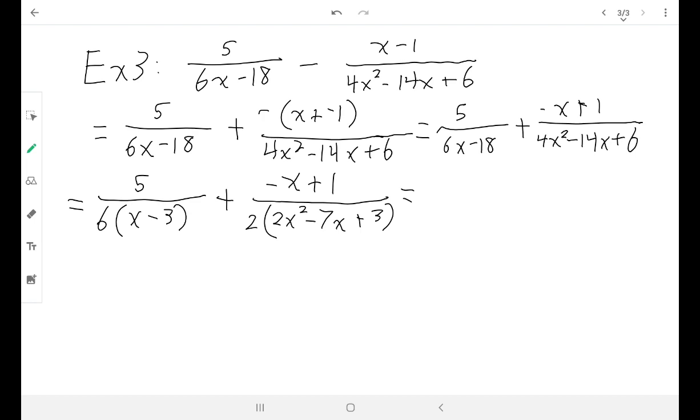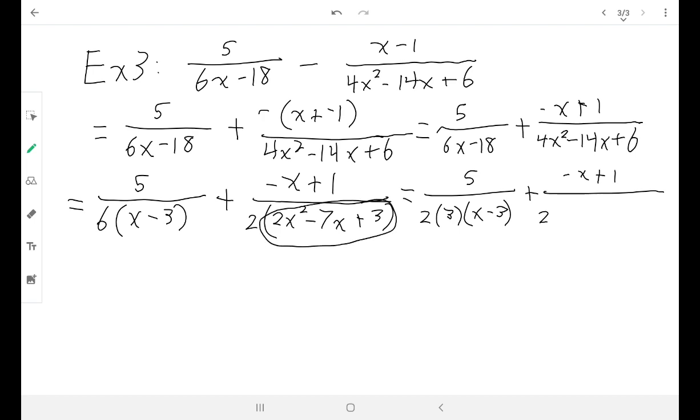Now the idea here is I've got 5 over, let me write that as 2 times 3 times x minus 3, plus negative x plus 1. And the idea is that I'll keep the 2, and I would like to take this and factor it into 2 pieces, if that's possible.